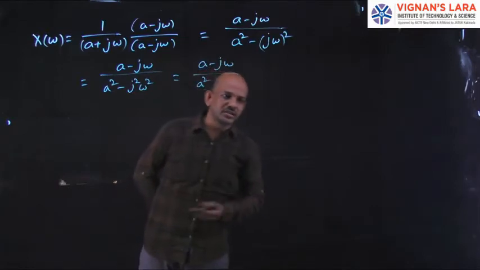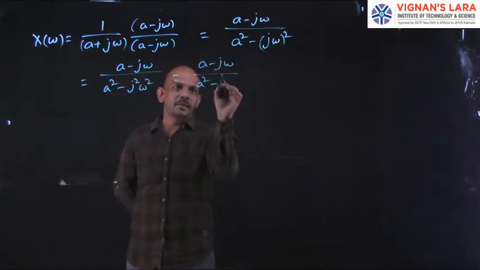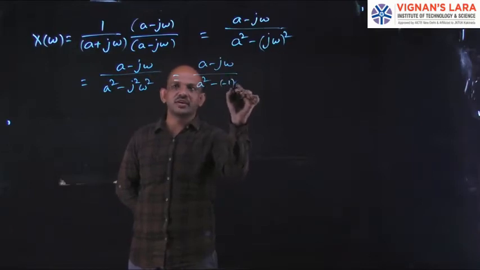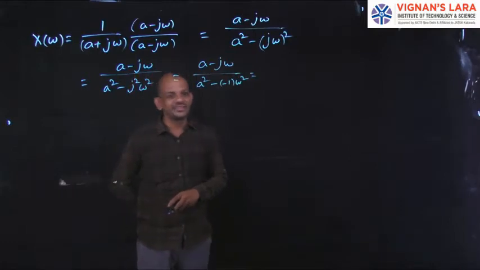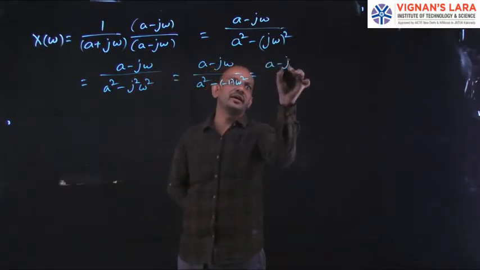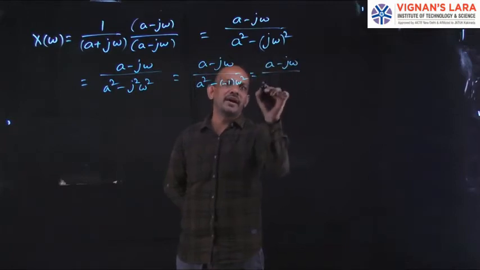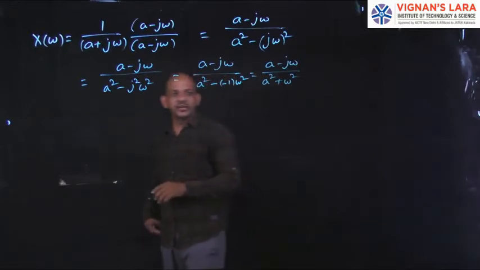We all know that the j square value is minus 1. So I can write minus of minus 1 into omega square, or simply minus of minus 1, that will become as plus. So we can write a minus j omega by a square plus omega square.